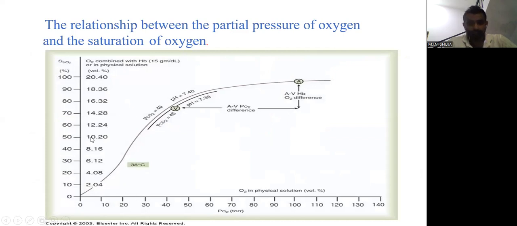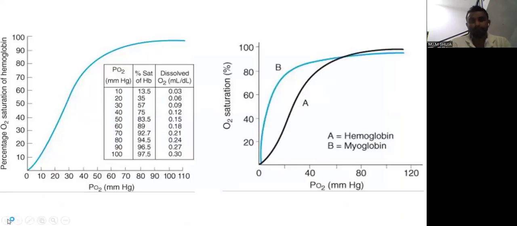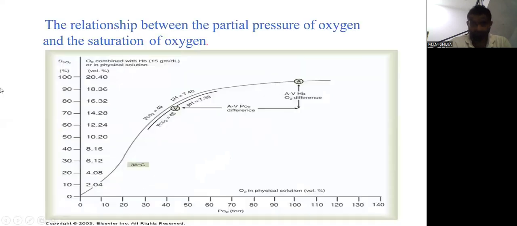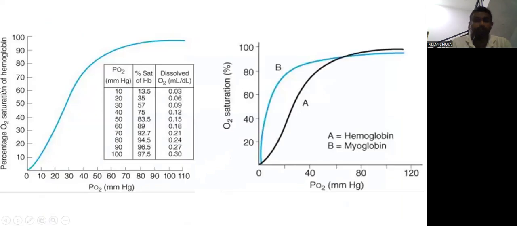Then for the 50%, you will get 27, something like that. You have to practice drawing the graph. When we ask you to draw the graph, you have to draw the x-axis and y-axis, name it, and label both the x-axis and y-axis. Labeling is very important.